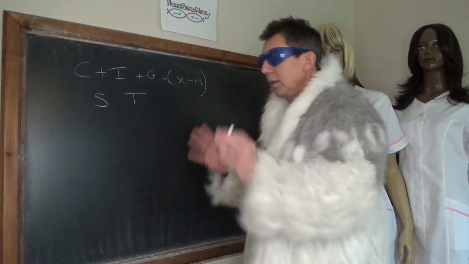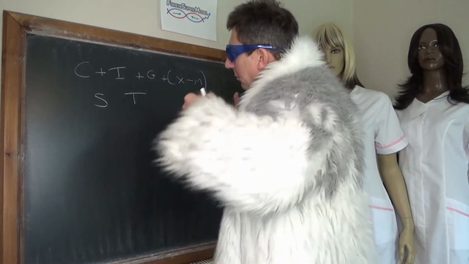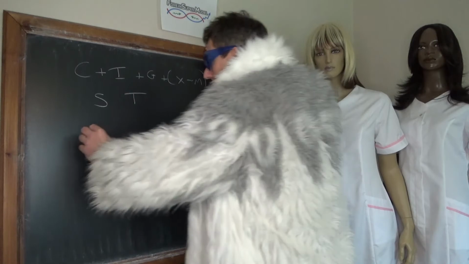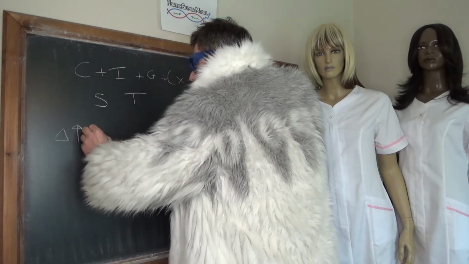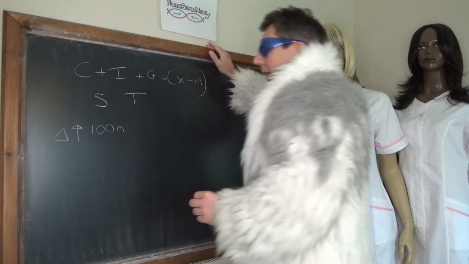Right, now the final thing we need to mention here is that when you give somebody an injection into the economy, let's suppose we have a rise in government spending of, say, 100 million or whatever.